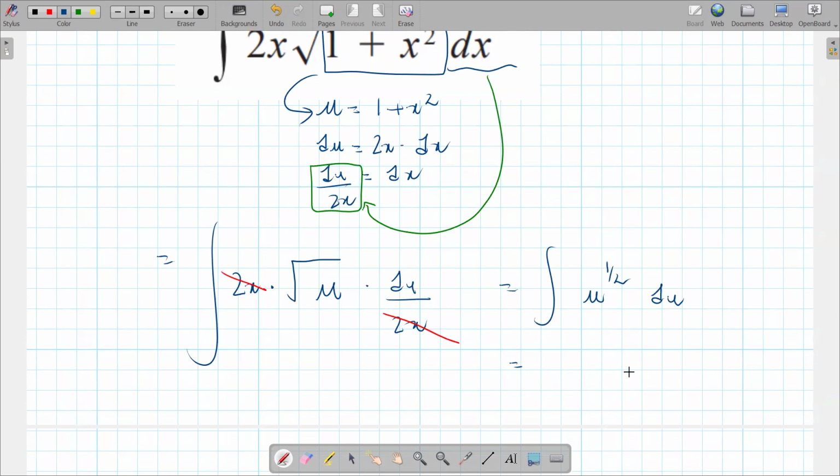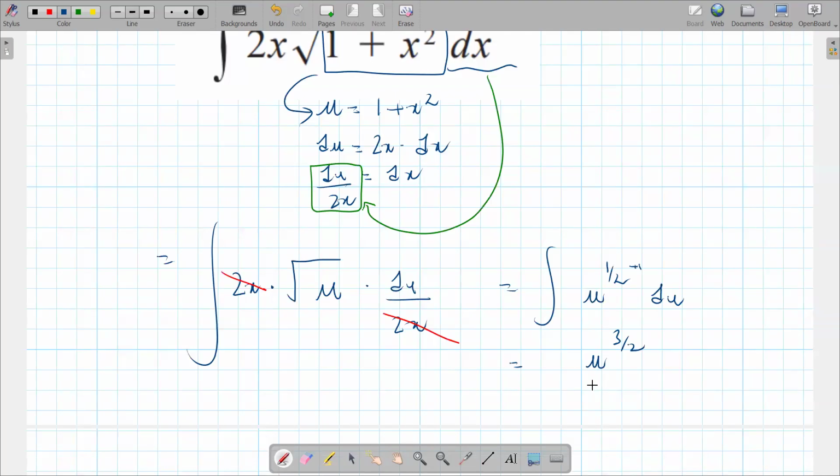Remember, you're always adding 1 to the exponent. So this becomes 1 over 2 plus 1, 3 over 2, right? Here's a trick for these things.